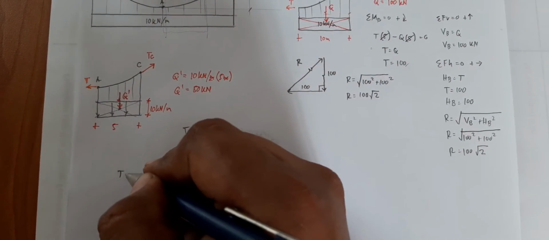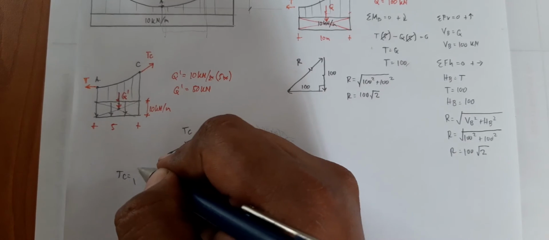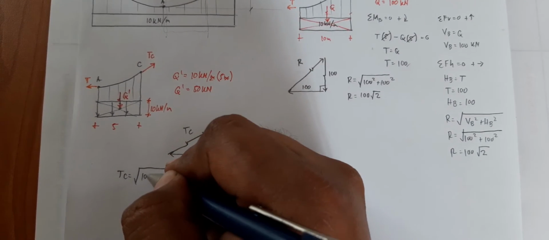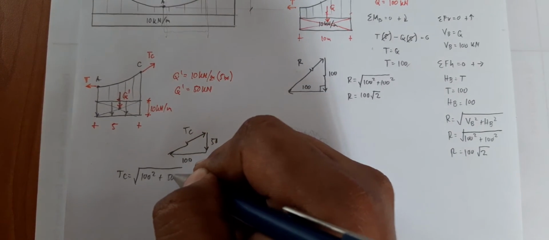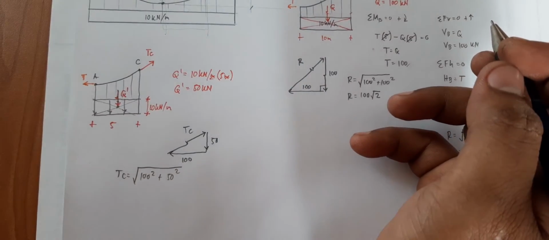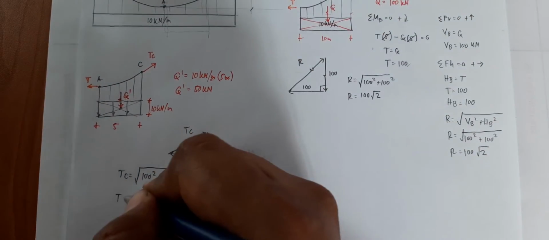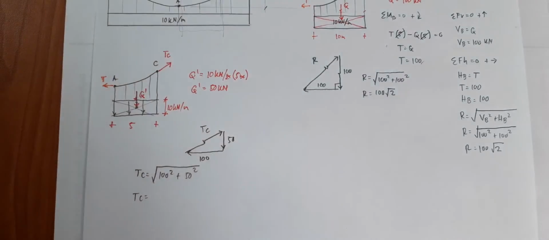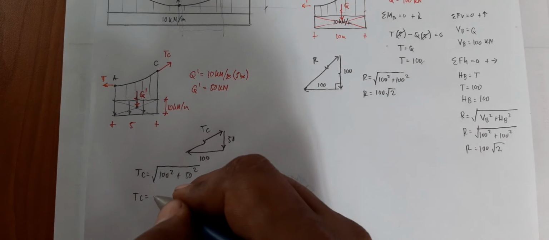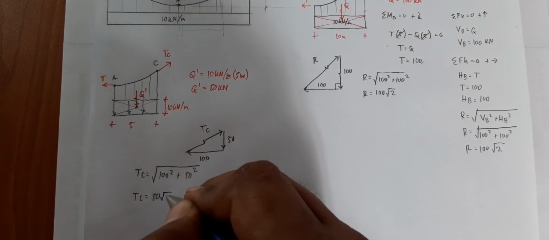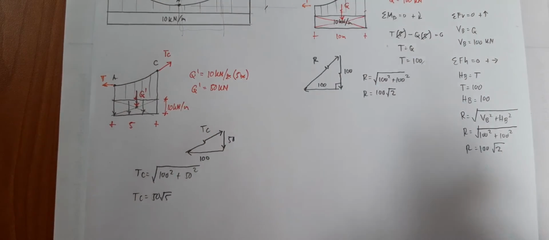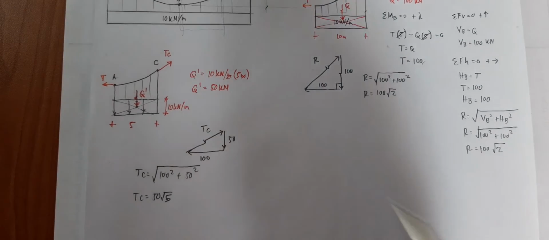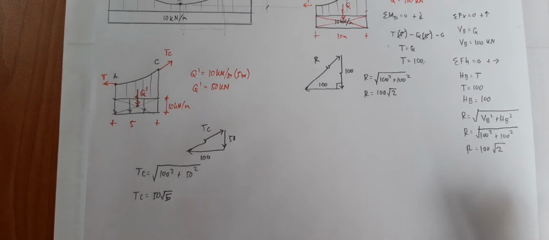Therefore, TC is equal to the square root of 100 squared plus 50 squared. So the value for TC is 50 square root of 5. That would be the value for TC.